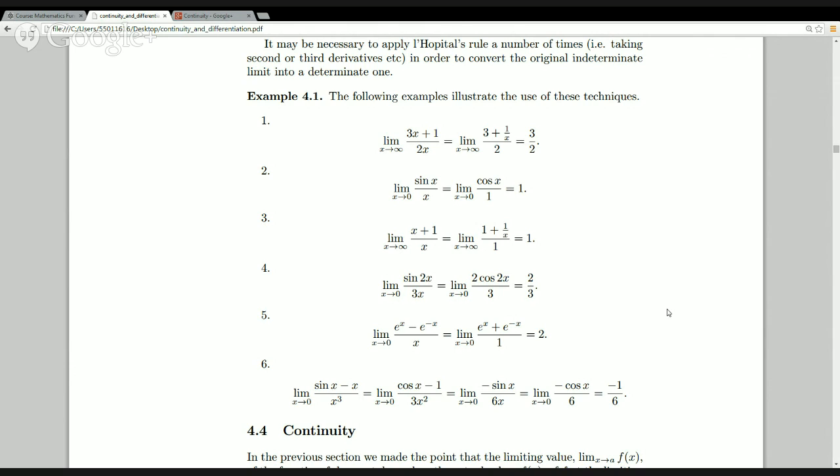That says we could take d dx of sine of x over d dx of x. And so this would be the limit as x approaches 0 of cosine of x over 1.